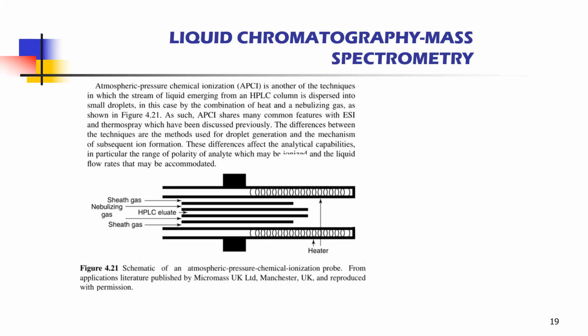Now we come to another type of interfacing in LCMS, the atmospheric pressure chemical ionization interface. Atmospheric pressure chemical ionization is another technique in which the stream of liquid emerging from an HPLC column is dispersed into small droplets, in this case by a combination of heat and a nebulizing gas.